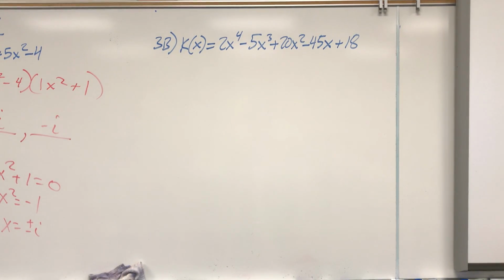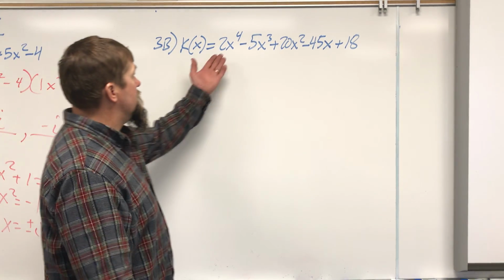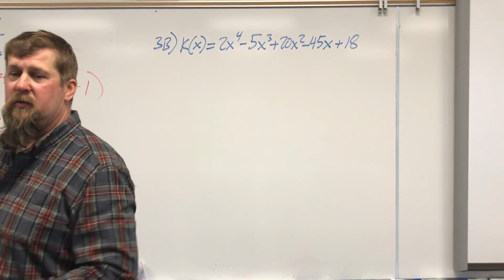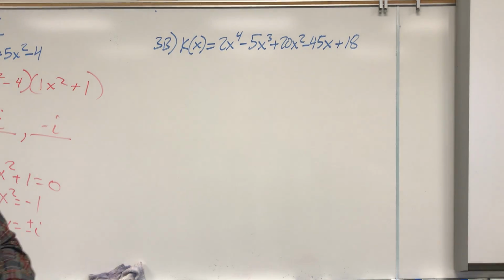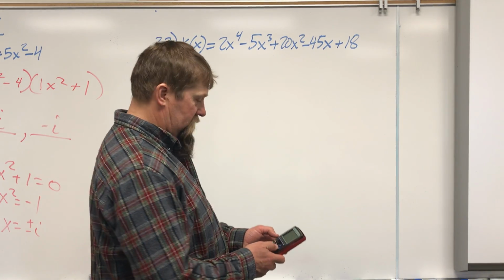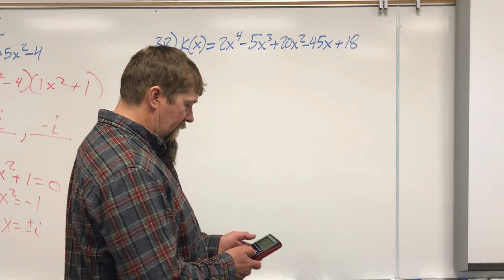Okay, so now this one doesn't look like it factors. It's quartic. There's no factoring by grouping that we could do there. So we're going to go ahead and try to find a factor on the calculator. Okay, so I've actually got it entered into my calculator already.